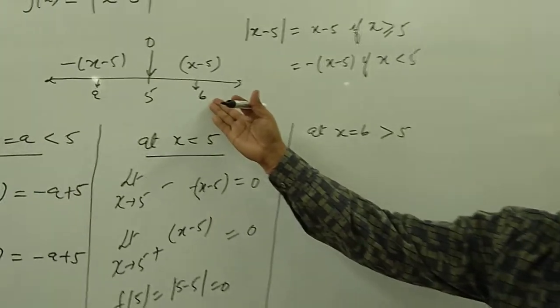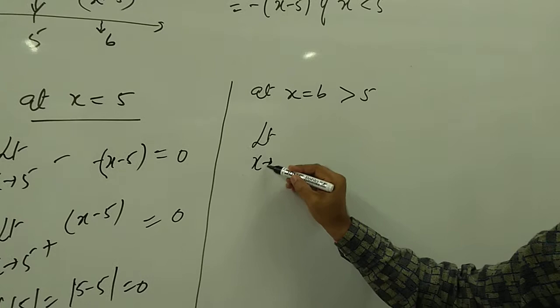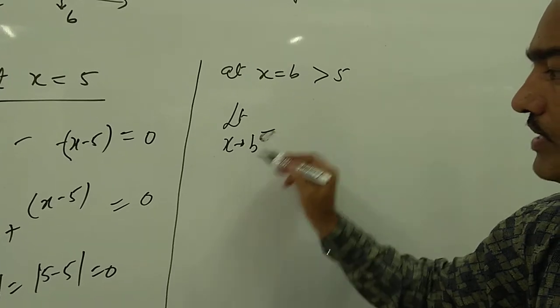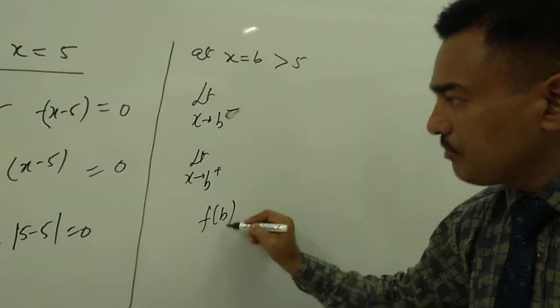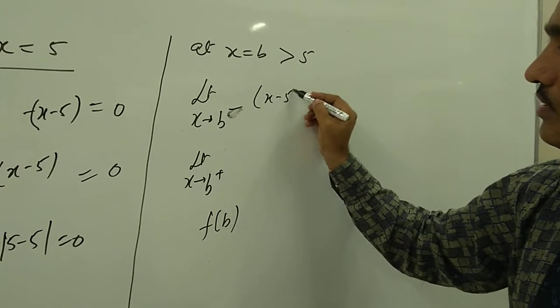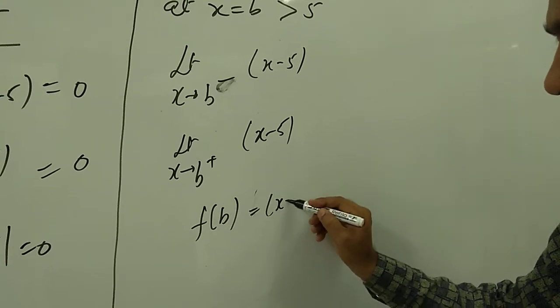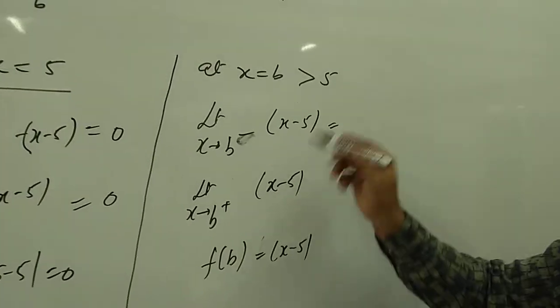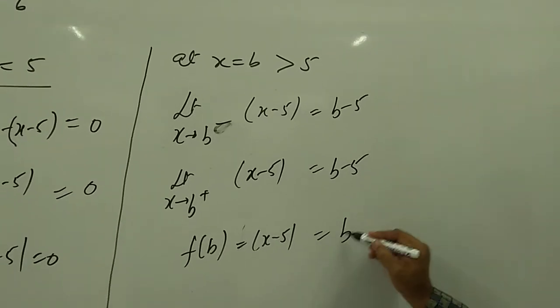Now let us go to one point b, which is more than 5. Check the limits: b minus for the left hand side, b plus to the right of b, and at b. All of these have the function x minus 5, so it will be b minus 5, b minus 5, and b minus 5.